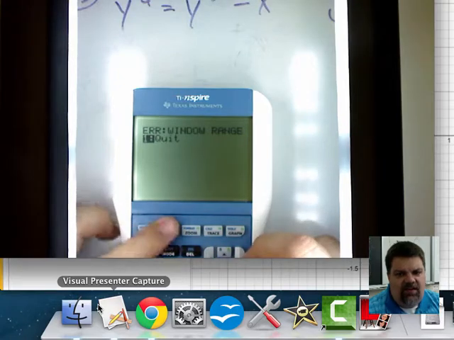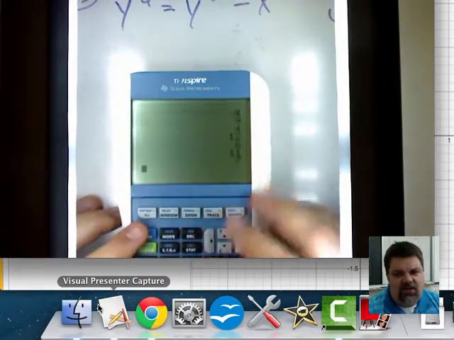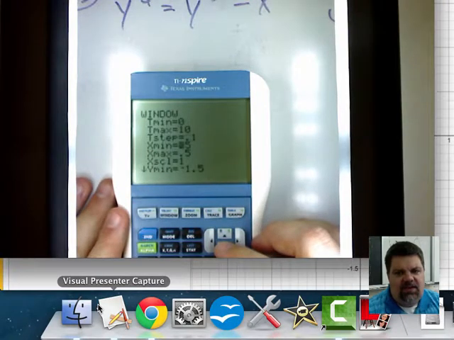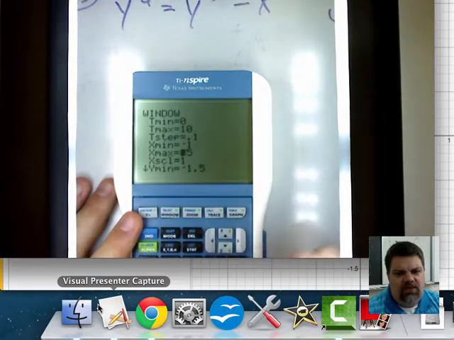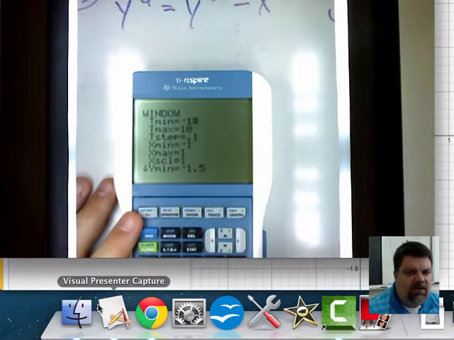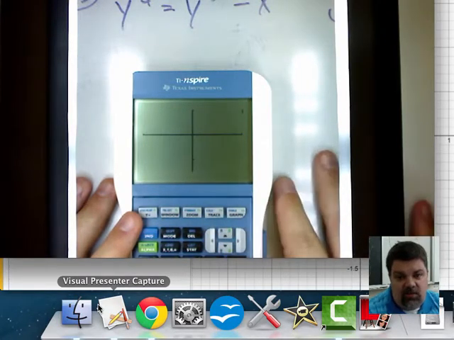However, I think I entered, oh yeah, I forgot the negative sign. So just so we could make it fit, I need to plug in for my x min like negative 1 and positive 1, and then for my y min I went from 1.5 to negative 1.5.